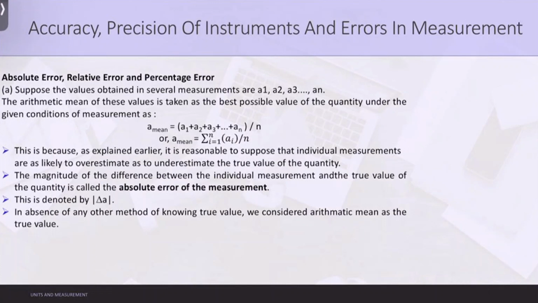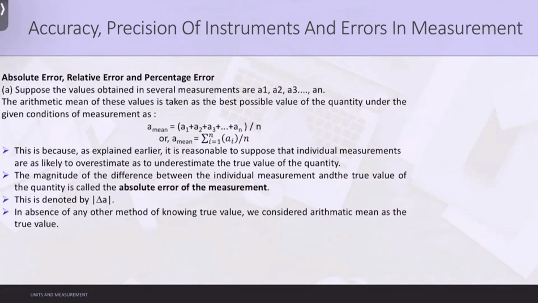Okay. So suppose the values obtained in several measurements are A1, A2, A3, and so on till An. The arithmetic mean of these values is taken as the best possible value of the quantity under the given conditions of measurement. So what is the arithmetic mean? Arithmetic mean is just the summation of all these values divided by the number of values.